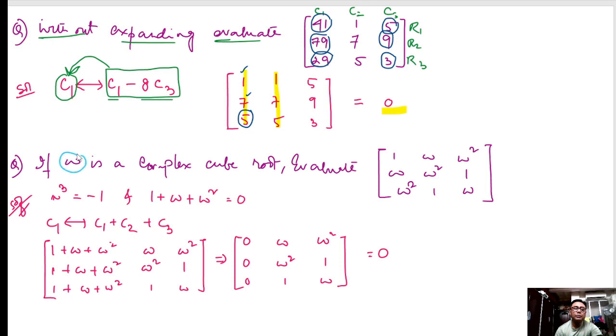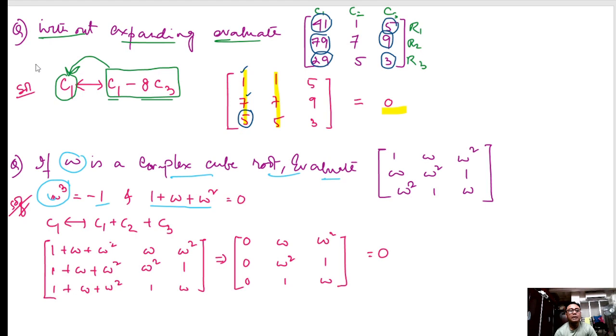Omega is a complex cube root. So we know when omega is a complex cube root, please note here omega cube should be 1 and 1 plus omega plus omega square should be 0. Please note that. So we have to use these to help.